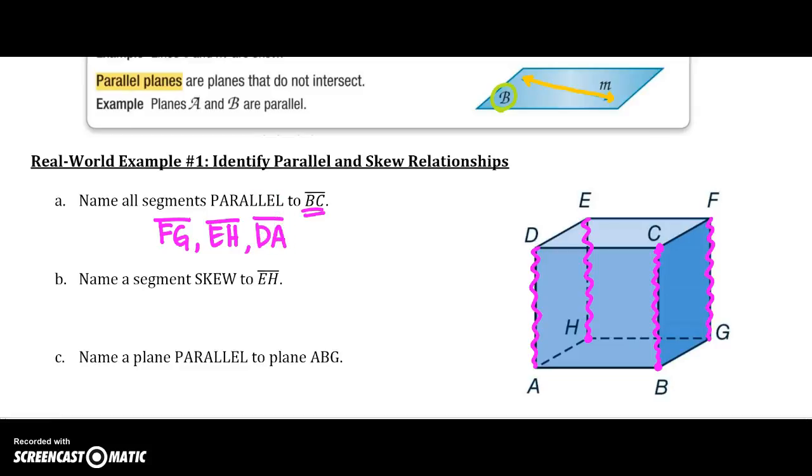All right, what about skew to EH? Let me pick a color that we haven't used. Let's find EH. EH is right here. Skew to EH. Remember, it's not parallel, so none of those, and it's not perpendicular.